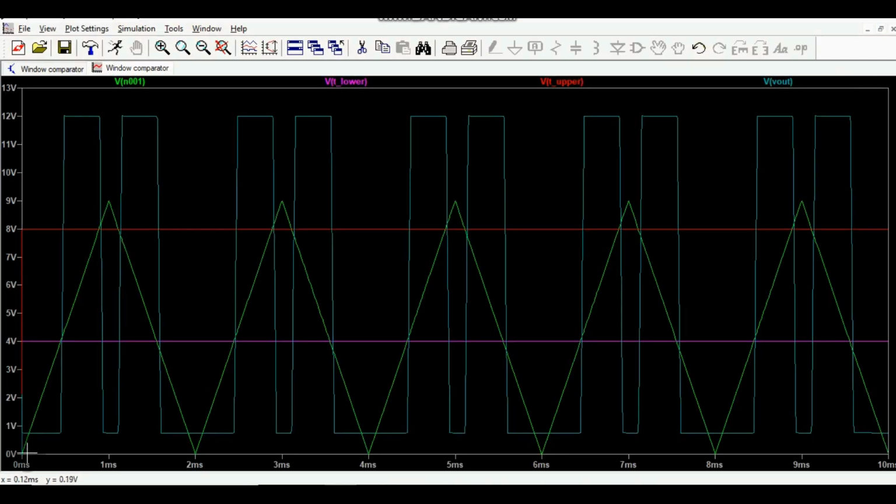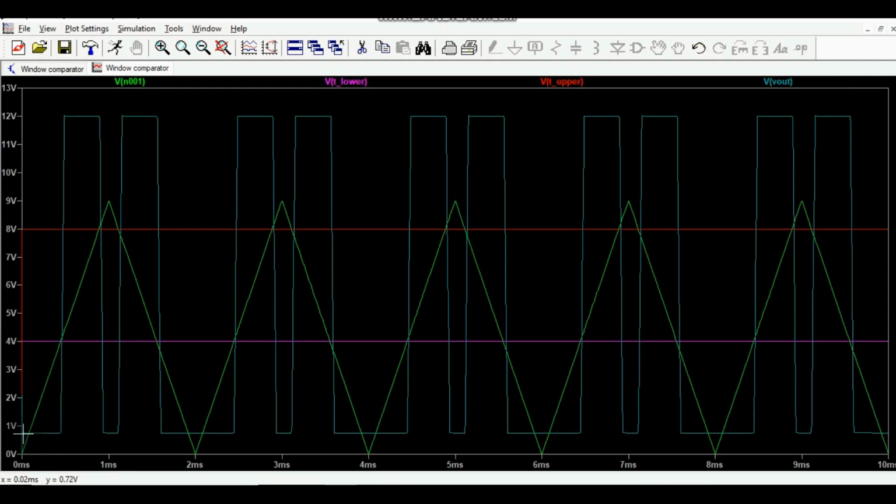So let us start from here. If your input signal is less than the lower threshold, your output is 0 or low, but here you are getting some voltage, that is 0.7 volt. Why?